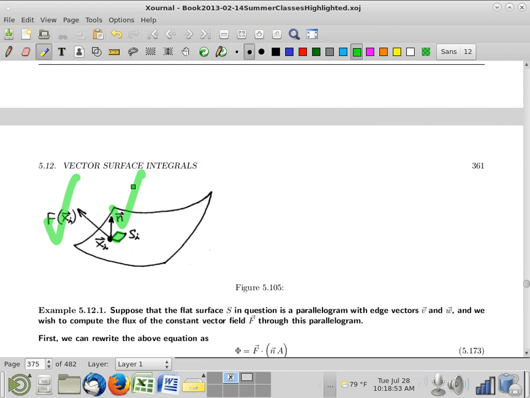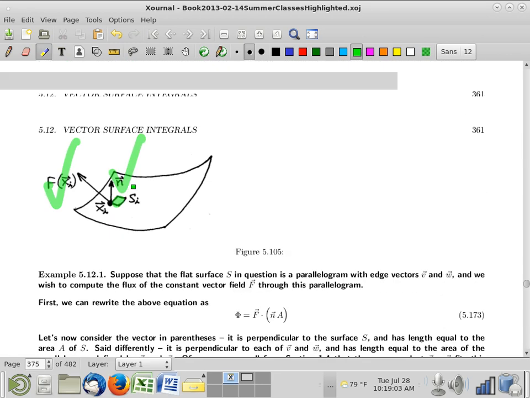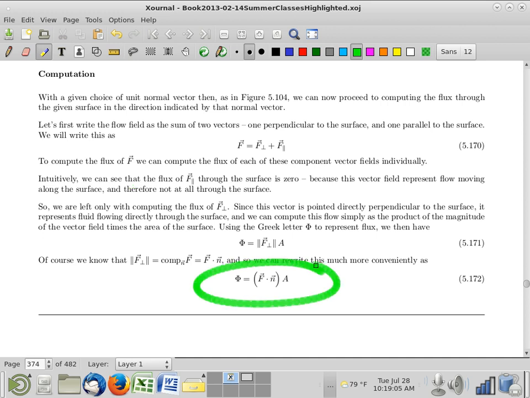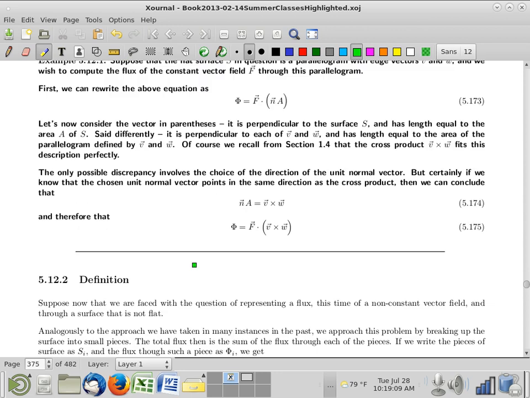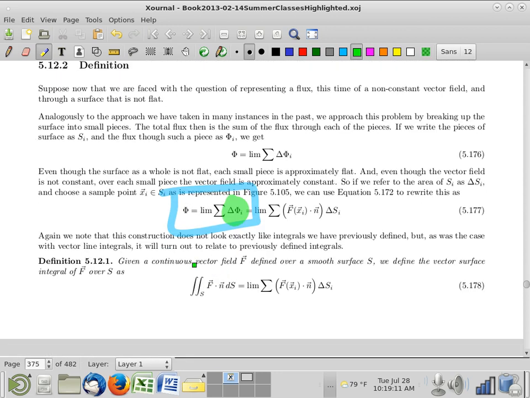So on each little piece, the constant and flat formula on the previous page will allow us to write down the amount of flux that happened through each piece. So in particular, I'll just go back to here. F dot N times area on a piece of surface.